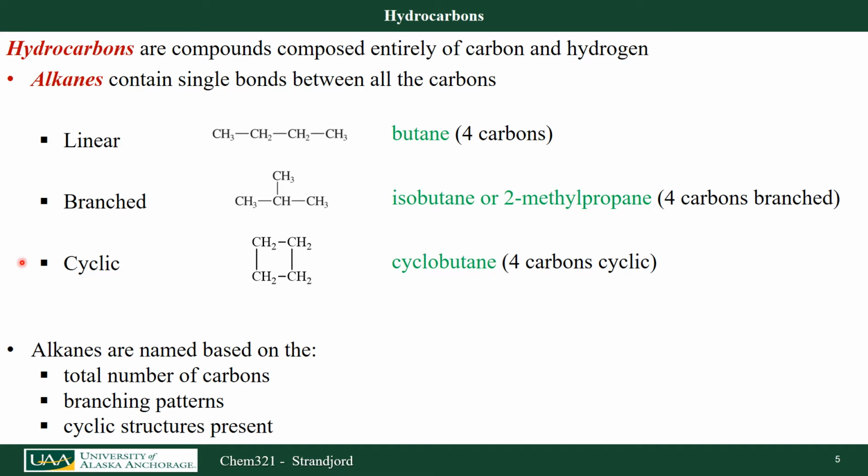We can also have cyclic hydrocarbons where we have the carbons bonded together to form a ring. This is an example of cyclobutane. Alkanes are named based on the total number of carbons, the branching patterns, and any cyclic structures that are present. And we will discuss these in detail in future chapters.